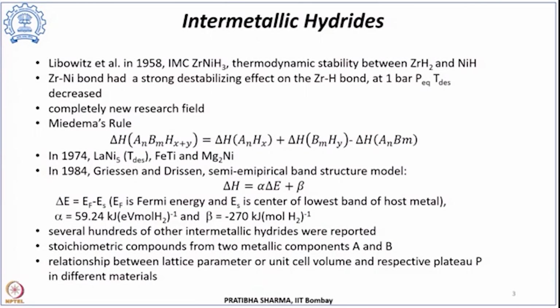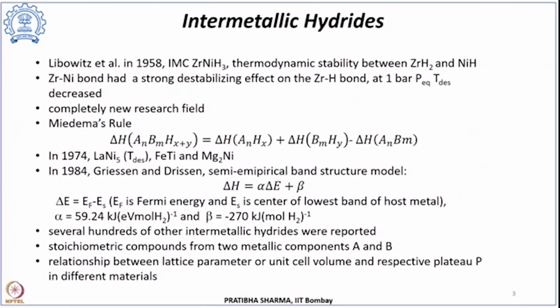Another breakthrough was in 1974, when low enthalpy of formation metal hydrides were found. The two well known metal hydrides we know today are LaNi5 and FeTi, and these were discovered in 1974.